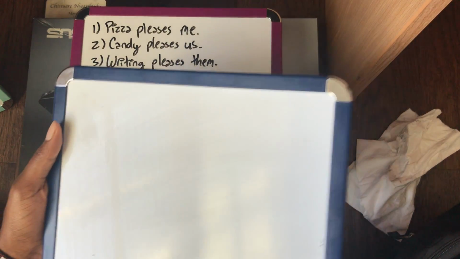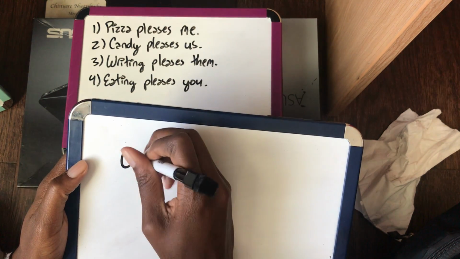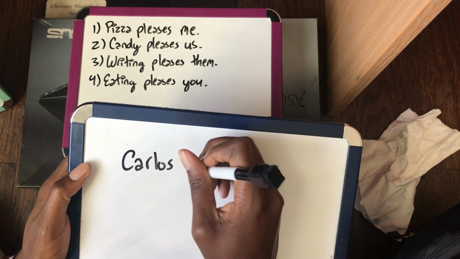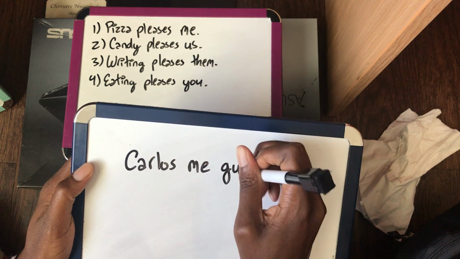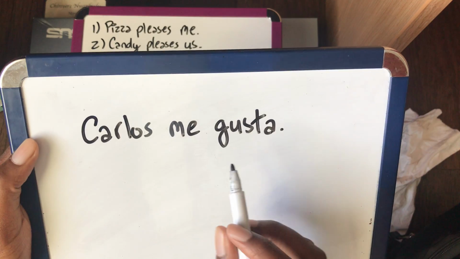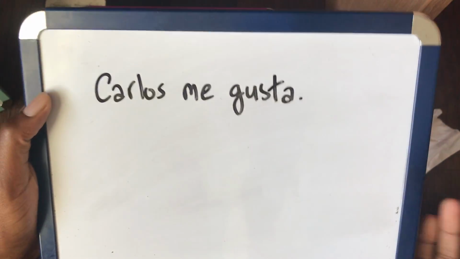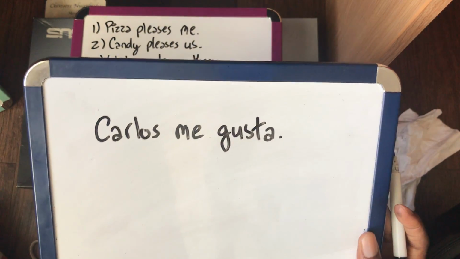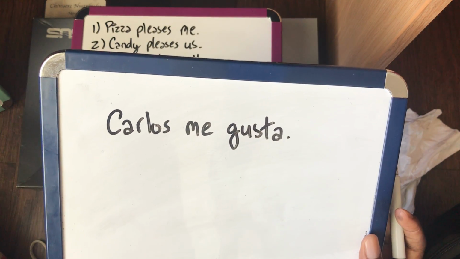So let's say I have a crush on somebody. I can say, Carlos me gusta. Notice here, this means Carlos pleases me, meaning in English, the reverse, I like Carlos.